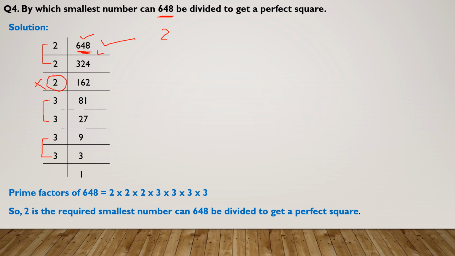But the question is, by which smallest number can 648 be divided? Got it? To find the smallest number, we will do the prime factorization. The number which is left, the number which doesn't have any pair, that number must be divided into 648 to make it a perfect square, or it can be multiplied with it to make it a perfect square.